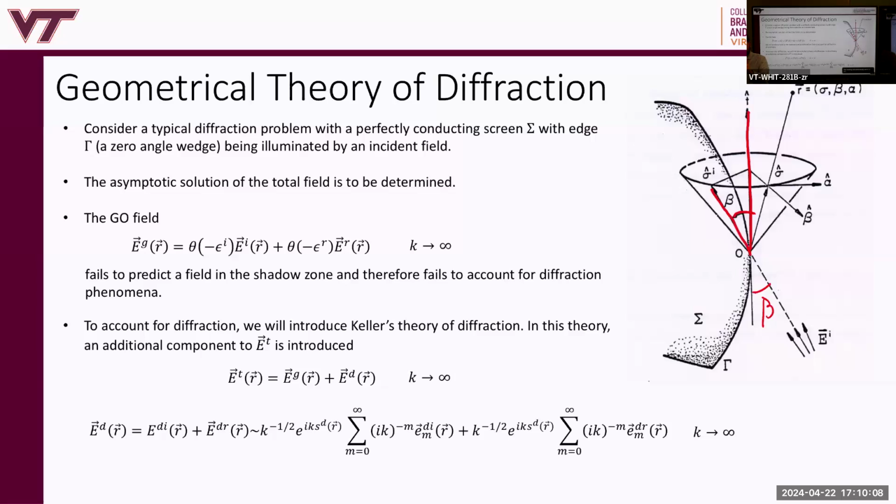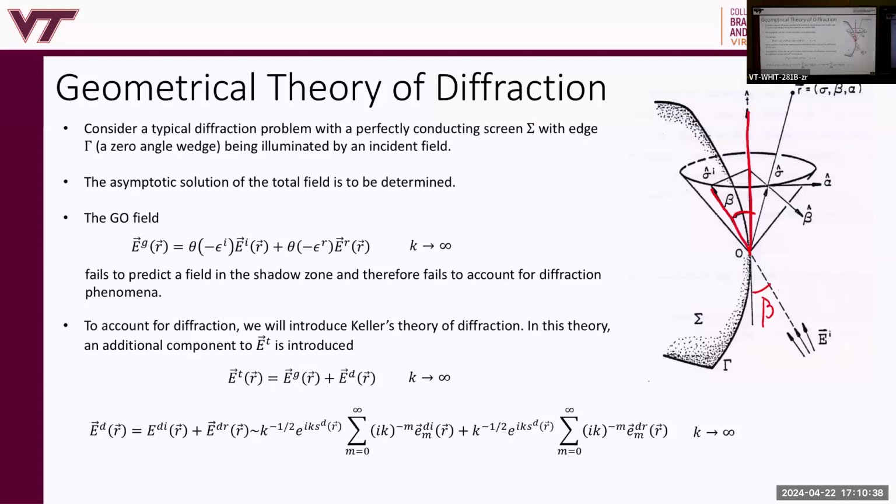So you can imagine that I have a tangent vector still and a normal vector, and theta incident is still theta reflected, but there's a whole 360 degrees of the normal vector, right? So that's valid for all tangent and normal vectors to a sharp edge. So that means the reflected ray now becomes a cone. That cone allows you to penetrate into the shadow zone. It's called a Keller cone, a diffraction cone.